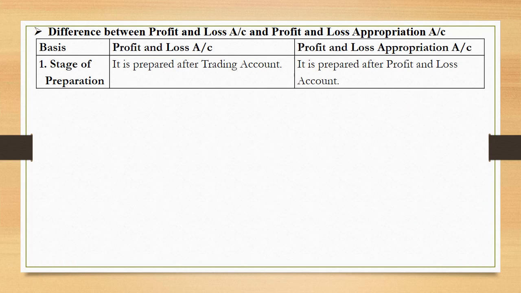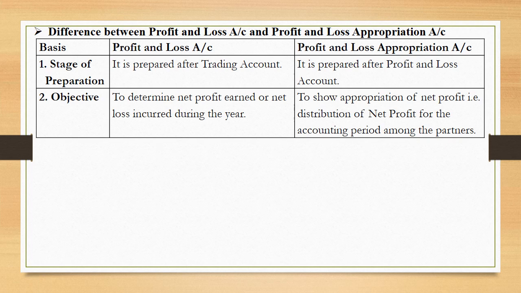Difference between profit and loss account and profit and loss appropriation account. The first point of difference is the stage of preparation. We know the profit and loss account is to be prepared after the trading account but before the profit and loss appropriation account, whereas the profit and loss appropriation account will be prepared only after the profit and loss account is prepared.